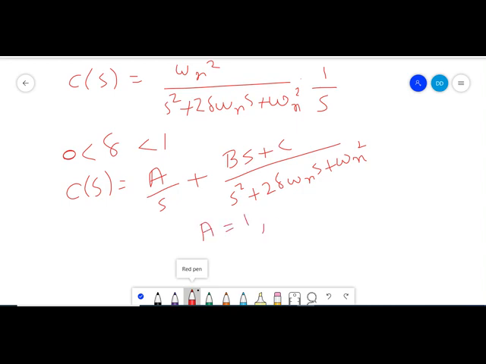On simplifying, we get A is equal to 1, B is equal to minus 1 and C is equal to minus 2 delta omega n.